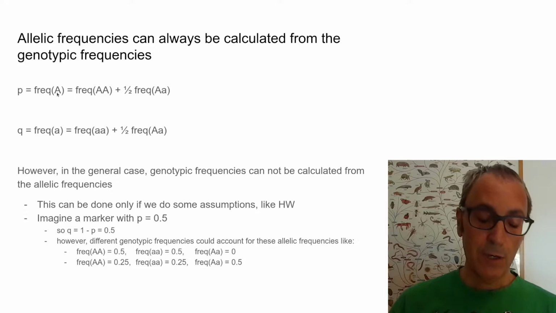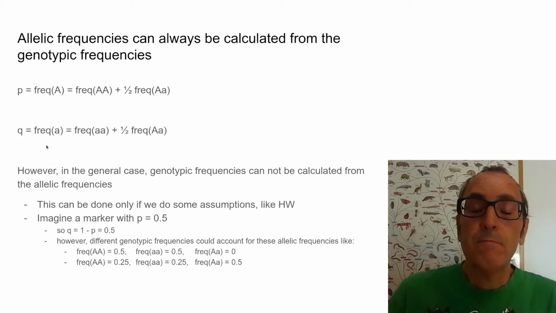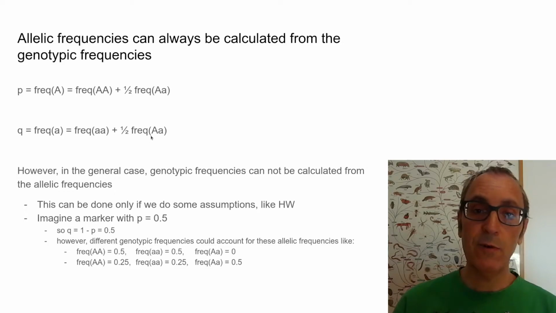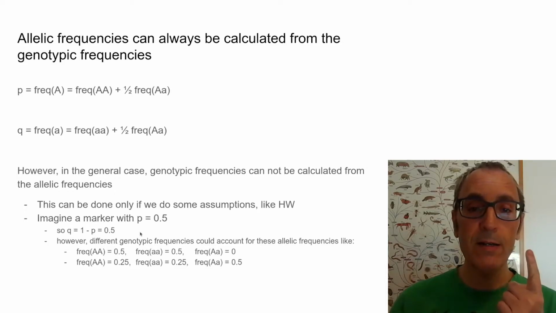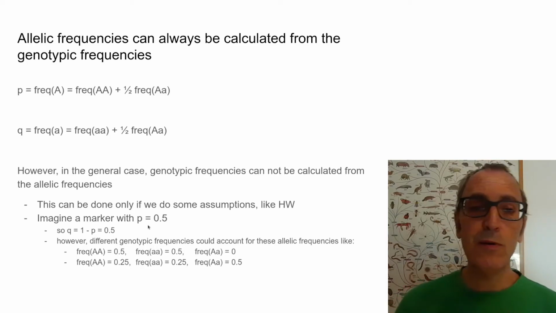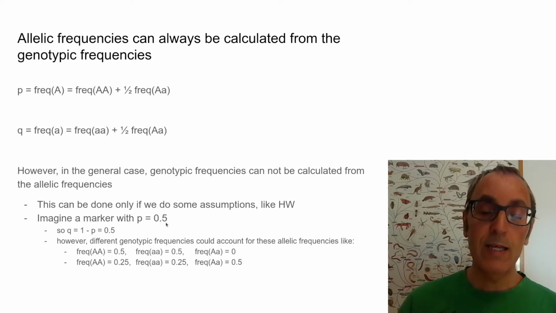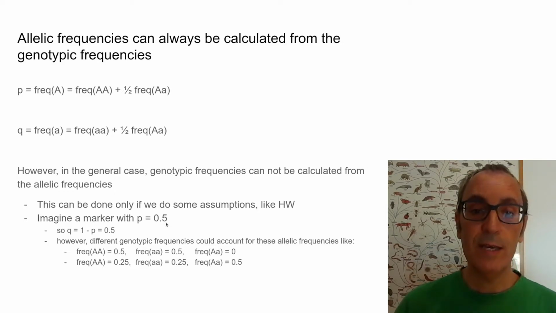Why? Because for two given allelic frequencies, we could have an infinite number of possibilities for the genotypic frequencies. Let's have an example. Imagine that we have one marker in a population and the allelic frequency is 0.5. Sometimes we have the allelic frequency, but we don't have the genotypic frequency.